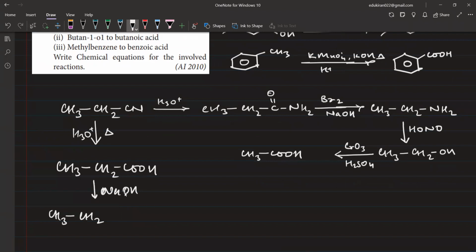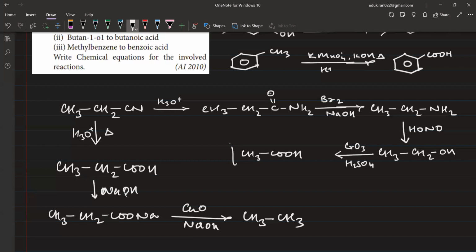CH3 CH2 COONa. अब इसके बाद आप डाल रहे हैं soda lime, CaO in the presence of NaOH. तो ये तो CH3 CH3 मिल जाएगा, right? अब इसके आगे क्या कीजिएगा? हमको तो ethanoic acid चाहिए था ना. How will you go from here to here? You understand the problem with decarboxylation? Yes, sir. है ना? We are stuck now.